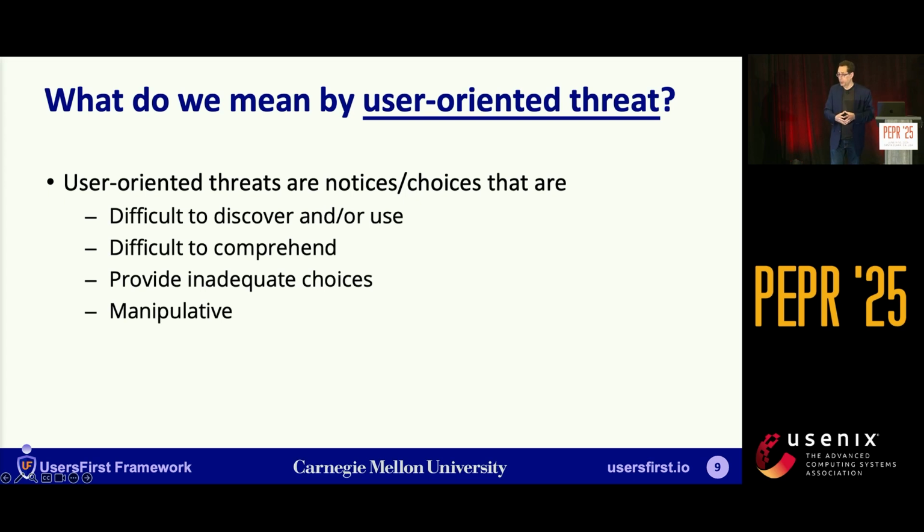Difficult to comprehend, so it's there, you can find it, but you've got no clue what it means. Potentially choices are inadequate, tons of choices, but they're not really aligned with what people care about. And finally, manipulative types of threats, where basically you're trying, intentionally or not, to potentially influence people and get them to do things that perhaps are not to their best advantage.